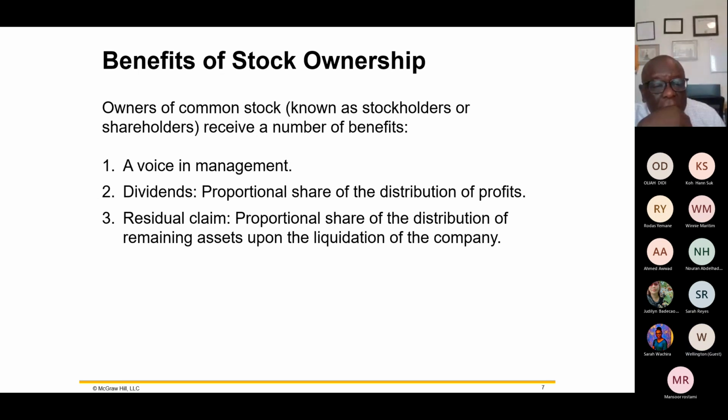Number one is that they have share ownership of the company, right? Then they have voice in management because they are stockholders. From the stockholders they appoint directors to oversee the entire operation of the company.